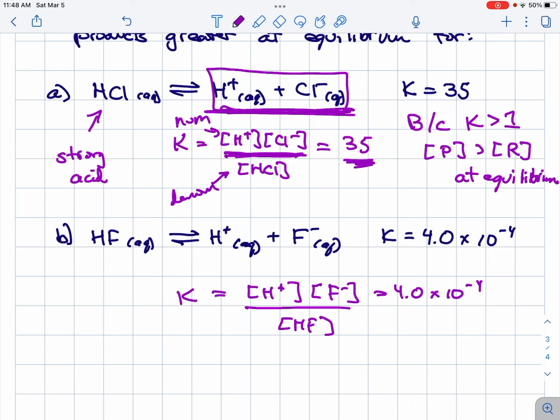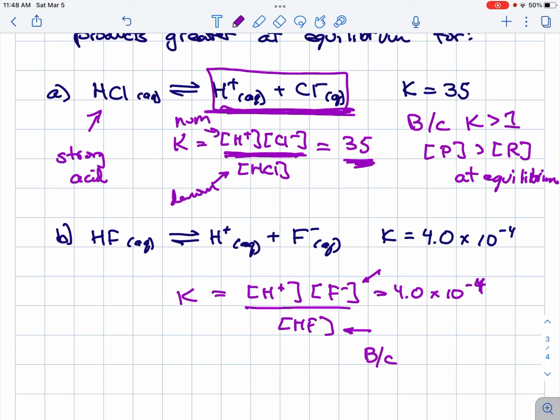So that means that you've got to have a bigger denominator here than your numerator, right? If you get a number smaller than 1, you have a fraction like 1/4, right? So 1/4 is smaller than 1 because the denominator is bigger than the numerator. So to get a number like 10 to the minus 4, so 0.00004, you would have to have a much larger denominator, which is a reactant, than you would have your numerator, which is your products, okay?